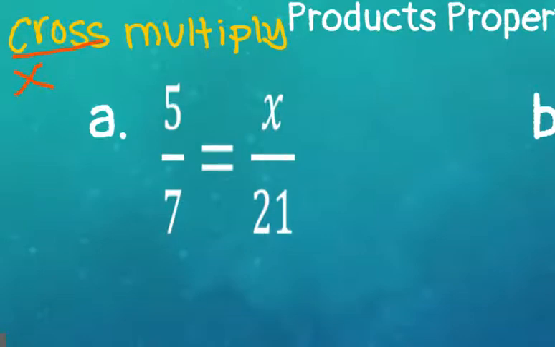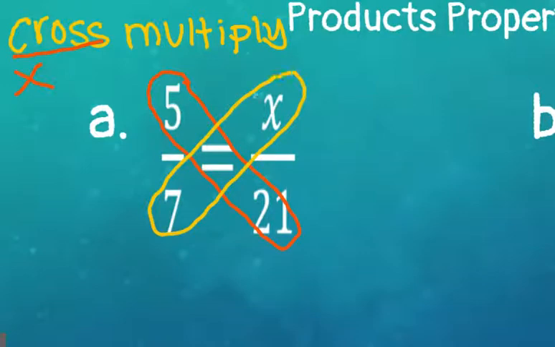The way we would do this is we're going to be crossing the products of 5 and 21, and we're going to be crossing the same products on the same proportion over here of 7 and x. So when we multiply 5 times 21, we get 105.